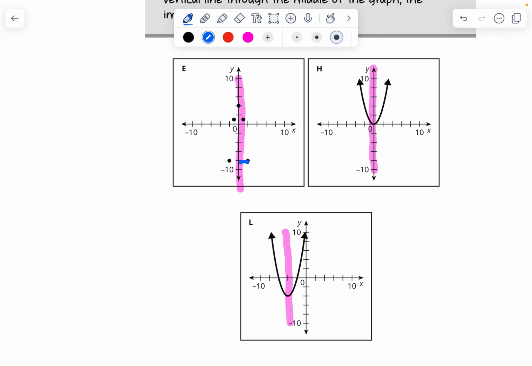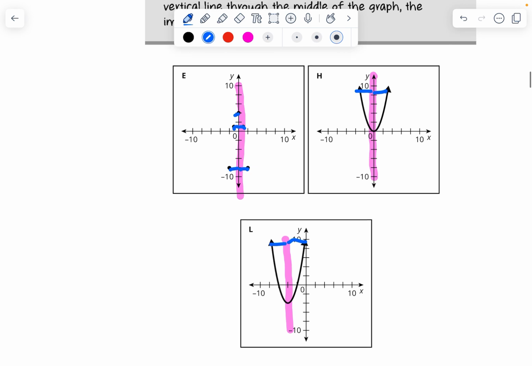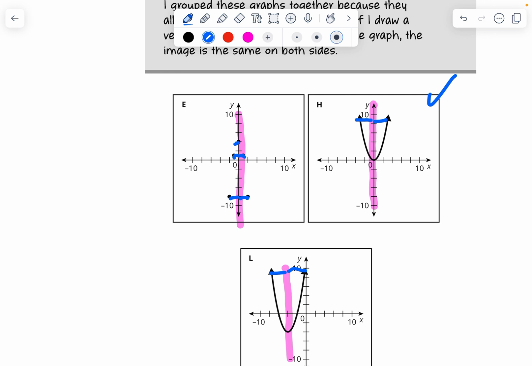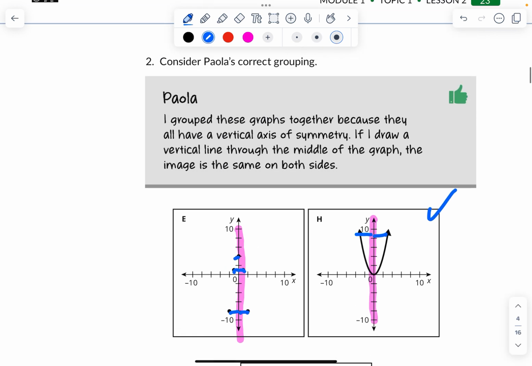If you look, those dots are an equal distance from the line. I did a really bad job on this one. These arrows, equal distance from the line. These arrows, equal distance from the line. Paola did a good job. These all do have a vertical axis of symmetry. So if you've forgotten what that means, symmetry basically means it is a mirror image when you split it down the middle, okay?